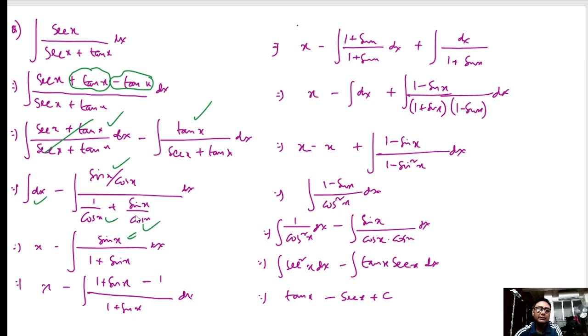So we are adding plus 1 and minus 1. Now again this by this will cut off as x, and this we are multiplying by 1 minus sin x up and down. So this is 1 minus sin square, which is cos square. So 1 by cos square is sec square x, and sin x by cos x is tan x sec x, which is this.